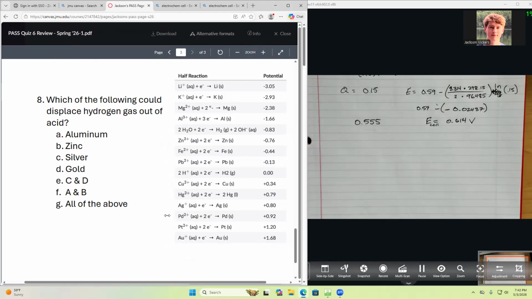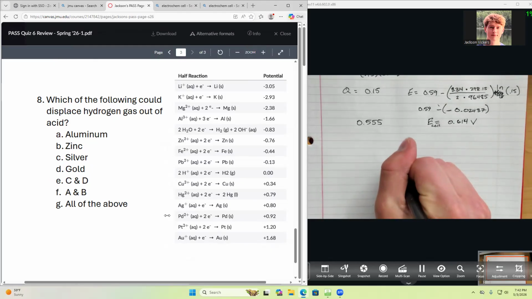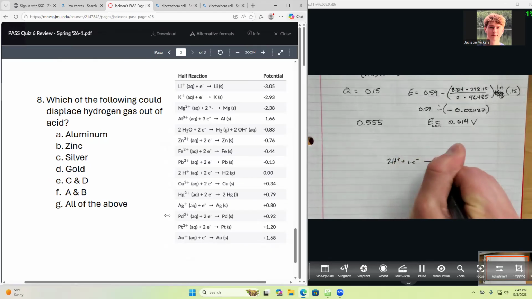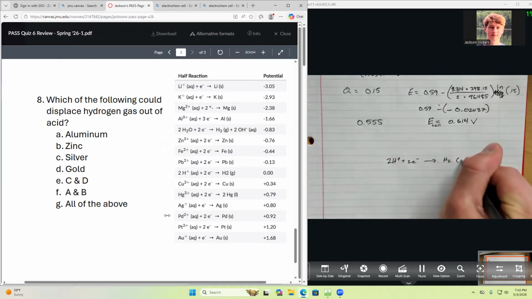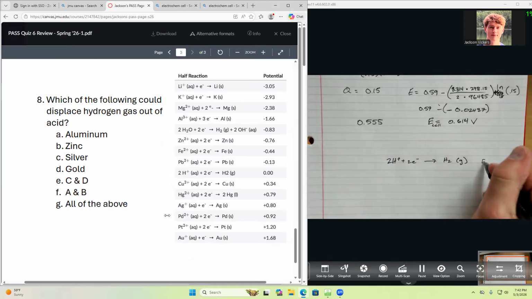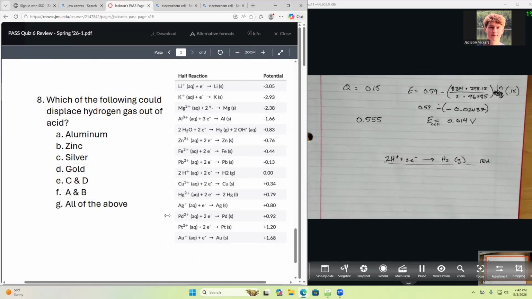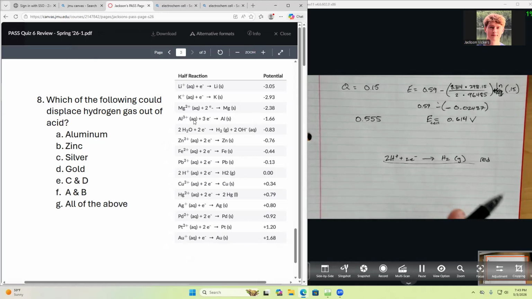So this is a tricky way of wording it, but basically I'm asking which one allows the H plus plus 2 electrons to go to form H2 gas. We know this is being reduced. How do we let this stay written as is? That would be anything that is more likely to be oxidized. If we go through the list, aluminum is a lot worse at being reduced. This one would get oxidized, so we'd flip that, meaning this is good. Aluminum is one of our answers.